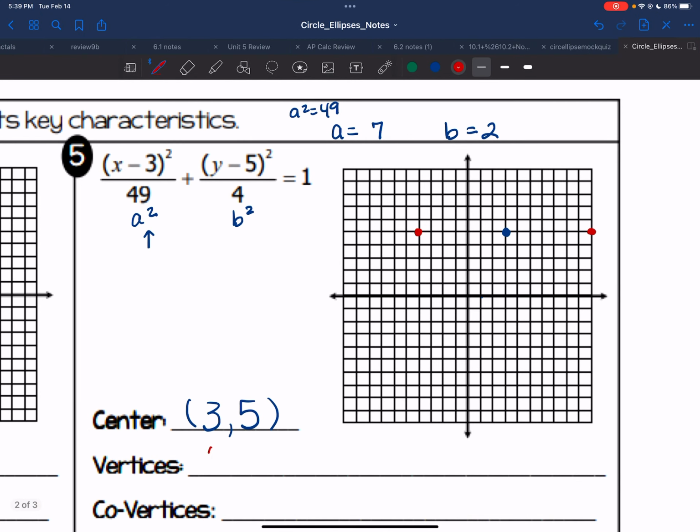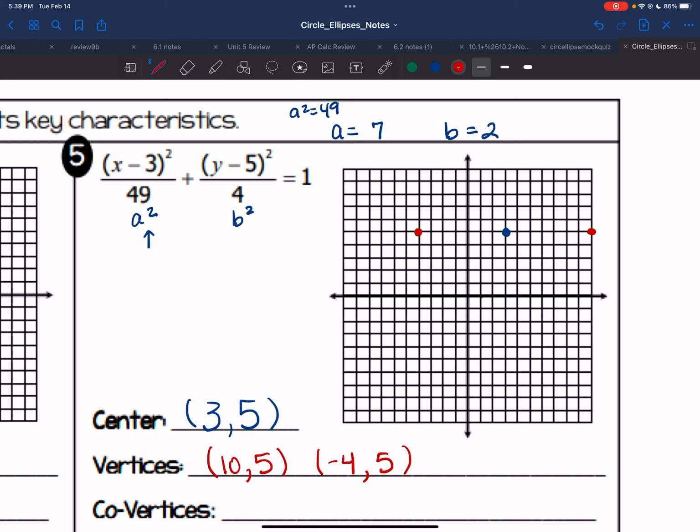To map out those vertices, I have 3 here, and the addition of 7 makes it 10, and I'm at 5 high. I'm at 3 in my center on the x, I subtract 7, and that gives me -4, and I'm still at 5 high there. So 10, 5 and -4, 5 are my vertices.